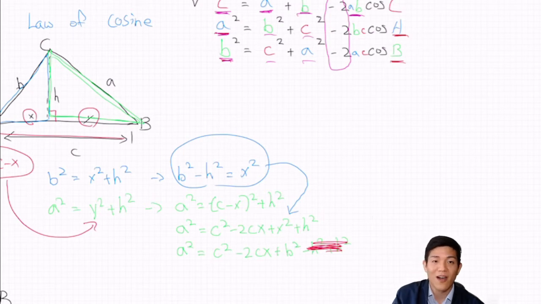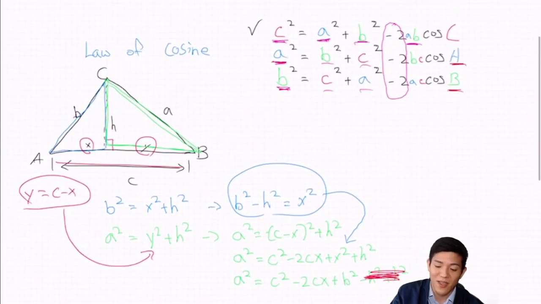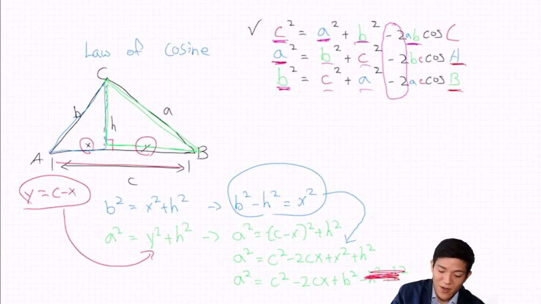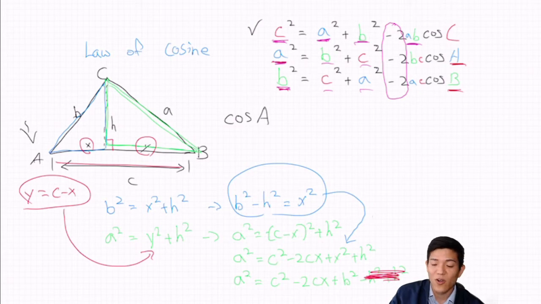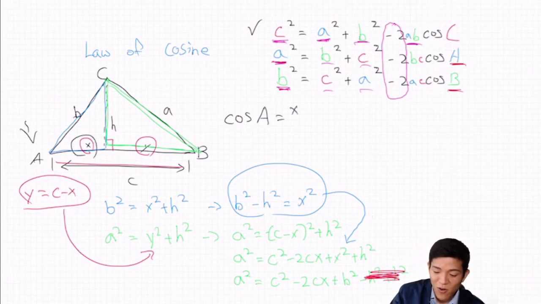Okay. Now go back to this triangle. If I say cosine, what color should I use? I'm going to use black. Cosine of angle A, that's this one. Cosine is equal to adjacent over hypotenuse. So cosine of A is adjacent, which is x, over hypotenuse, which is b.